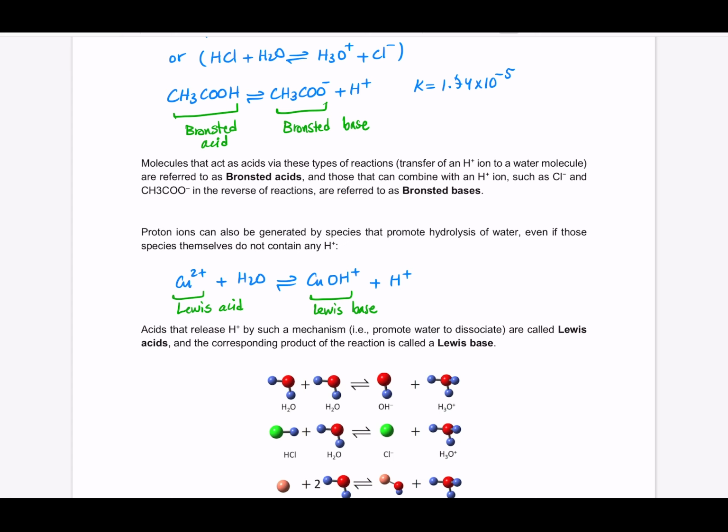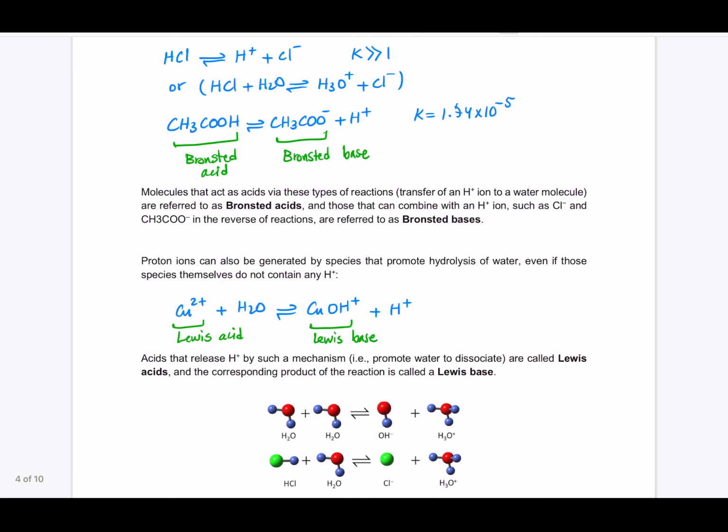So the difference between the two: this one has H plus, this one doesn't. But eventually they both produce H plus. So they're both acid, but different kinds of acid. Now, back to chapter 1, we added KCl, the first question of the exam.